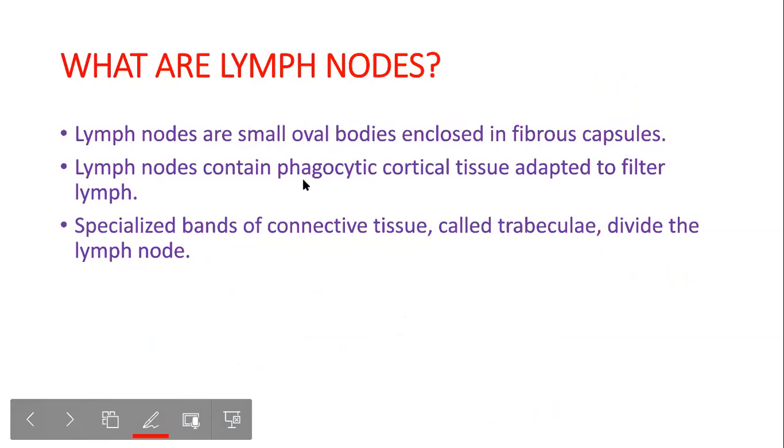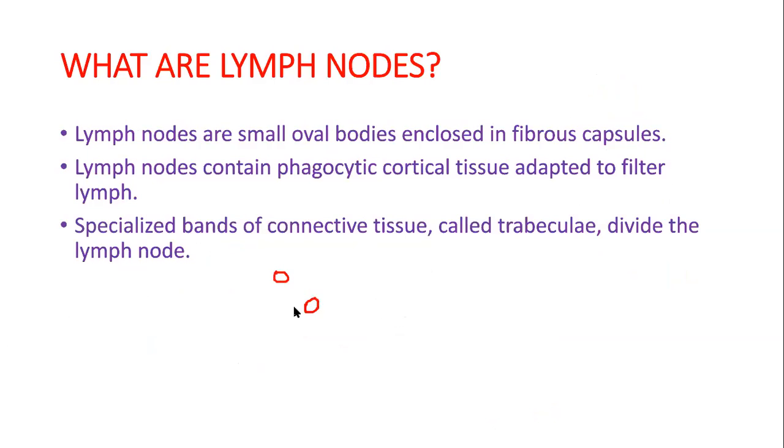So now what are the lymph nodes? Like I said, these kind of swollen structures are called lymph nodes, which are seen all over our body. Lymph nodes are small oval bodies enclosed in fibrous capsules, and lymph nodes contain phagocytic cortical tissue adapted to filter lymph. I want to give you guys an example.